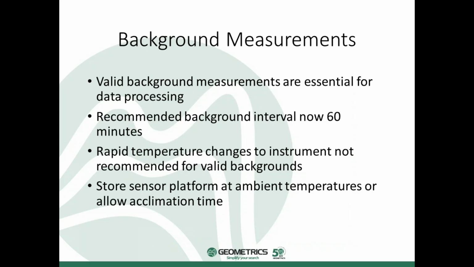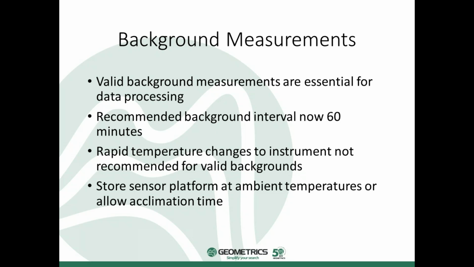One of the major findings from the Aberdeen testing was that Geometrics needed to change the recommended background interval. So, as many of you know, a background measurement is a measurement of the site without any metallic targets in it, and it's used in the processing workflow to remove both the influence of the geology, but also the instrument's self-response.